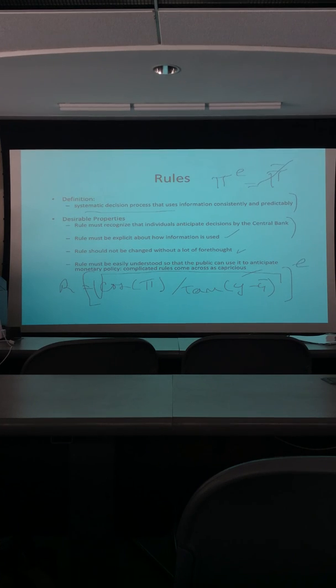To E. Is the damn thing systematic? Yeah. All you gotta do is put the inflation rate and the output gap in and out comes what we're gonna do to the interest rate. Is it easy to see? No. I mean, unless you are in this line of work every day.